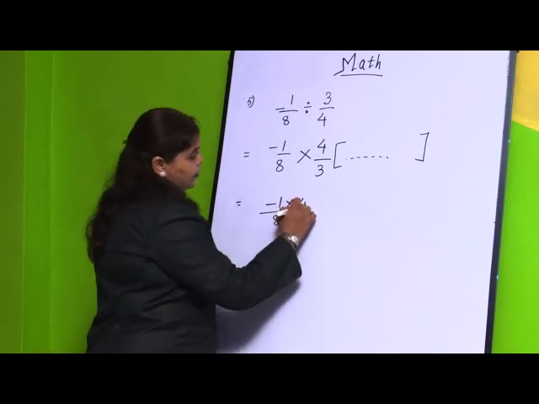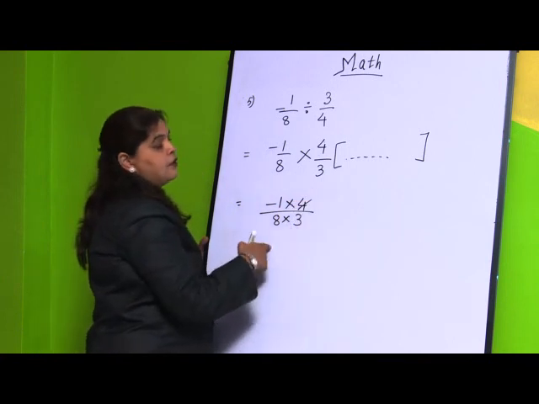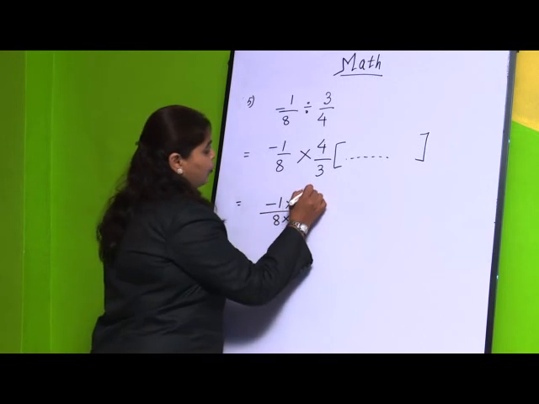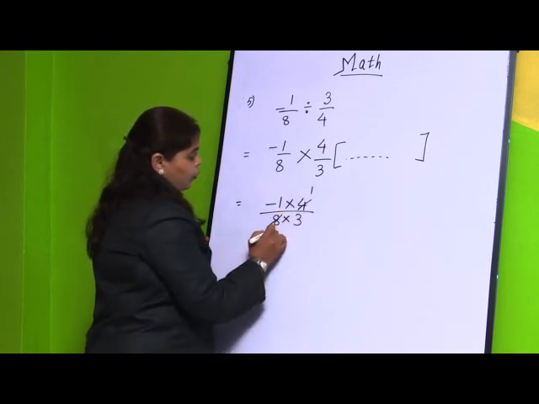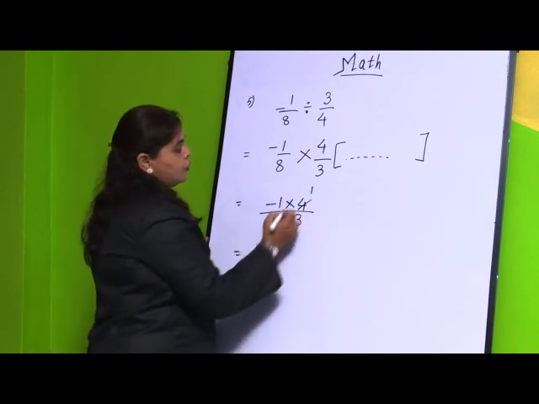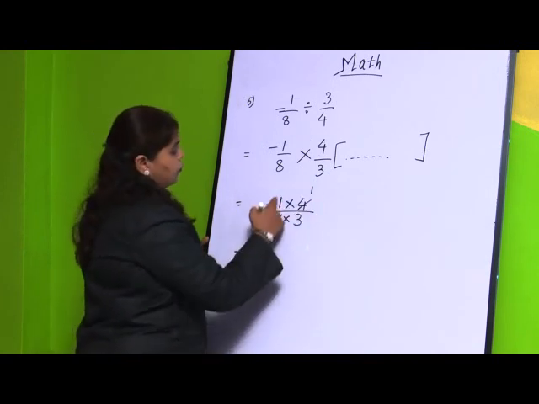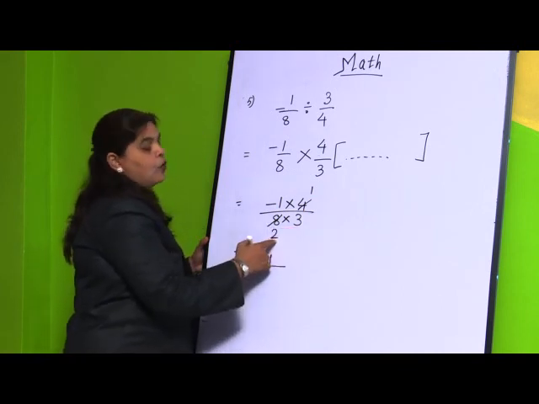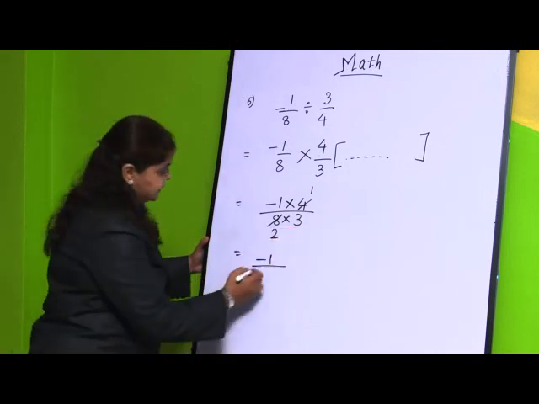So here we can reduce. I will show this because it will be easier when we have a large number. So 4 1s are 4, 4 2s are 8. So the multiplication of the numerators is 1 ones are 1, and 3 twos, or 2 times 3, is 6.